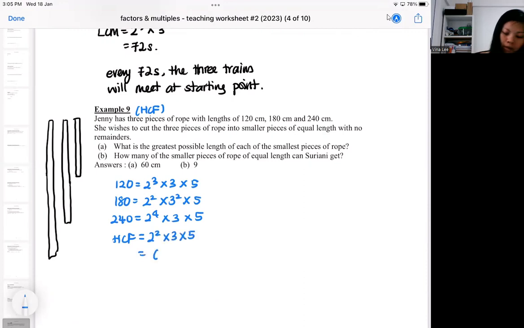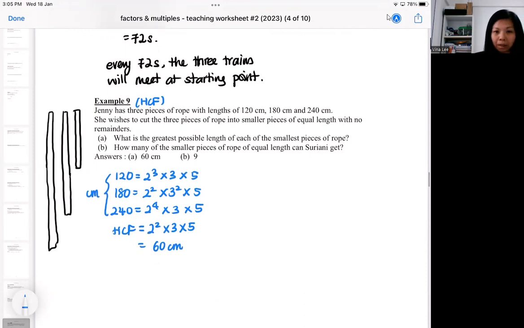So that is 60. Everything here is in centimeter, so your HCF is also in centimeter. So that means the significance is you can cut them into 60 centimeter pieces. So the small piece of rope that she's going to cut is 60 centimeter.